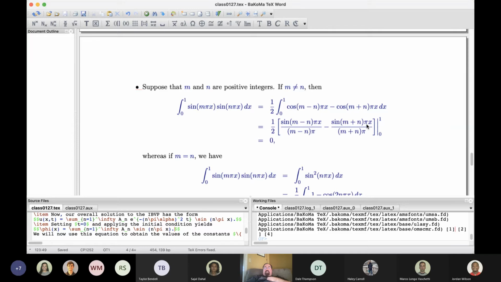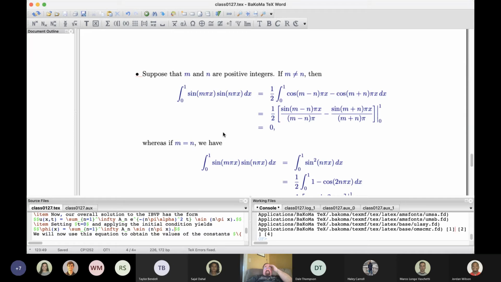When I plug in x equals 1, I have sine of an integer multiple of pi, which is 0. And plugging in x equals 0, I get 0 because sine of 0 is 0. So the whole integral evaluates to 0, and that's going to be very helpful to us.